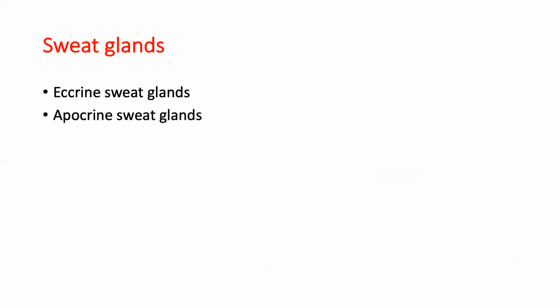Now comes the sweat glands. There are 2 types of sweat glands in our body, which are eccrine and apocrine sweat glands. Eccrine sweat gland is present throughout our body, it's involved with the sweating, and it is widespread in our body.